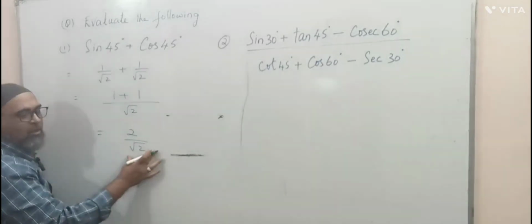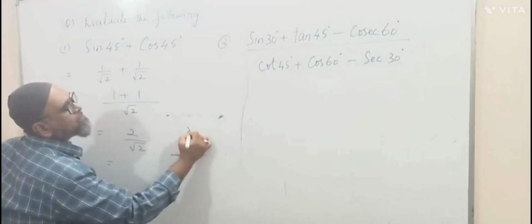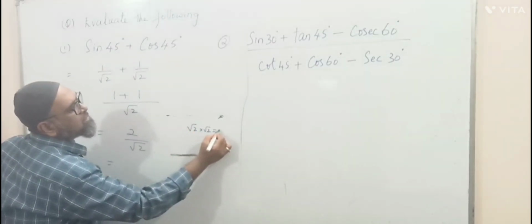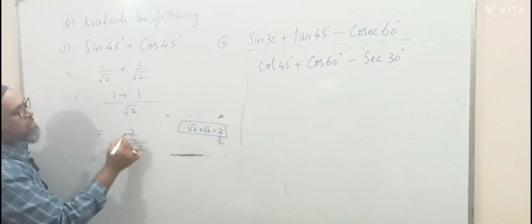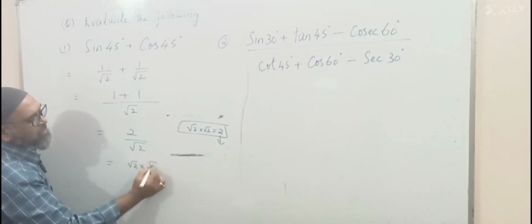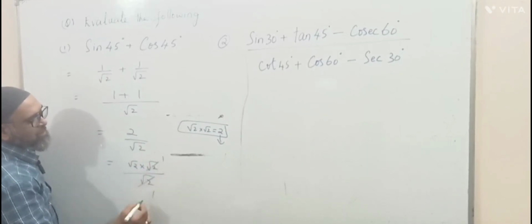We can leave the answer here, or in place of 2, I can write root 2 multiplied by root 2. This is equal to 2. So in place of this 2, I will write root 2 multiplied by root 2 divided by root 2. Root 2 one is cancelled.